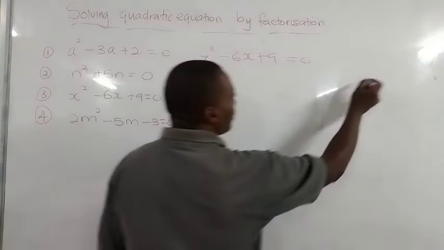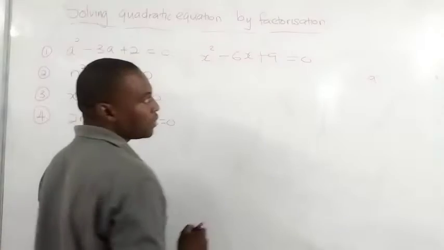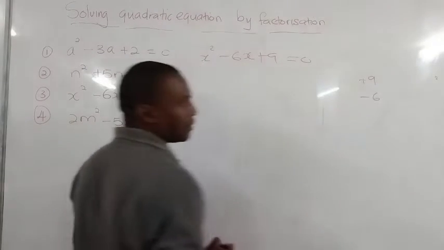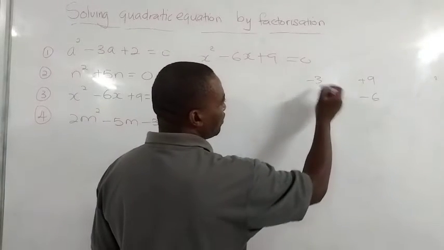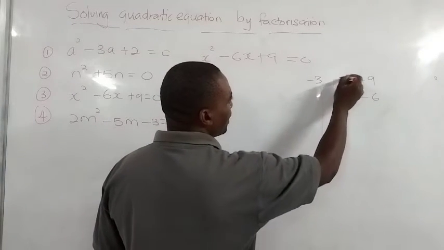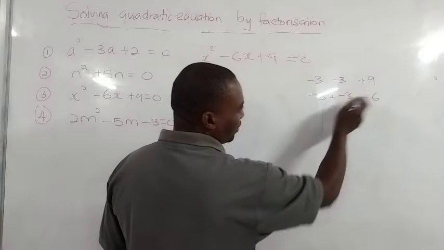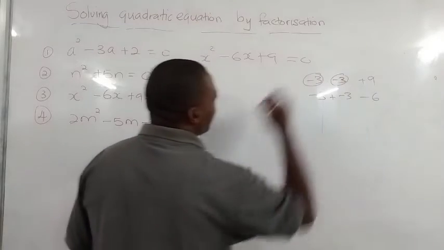And then we are simply saying we need two numbers that multiply to give us positive 9. If we add them, we get negative 6. So your mathematics should tell you that it's negative 3 by negative 3. If you also say negative 3 plus negative 3, you get negative 6. So you can just take this.